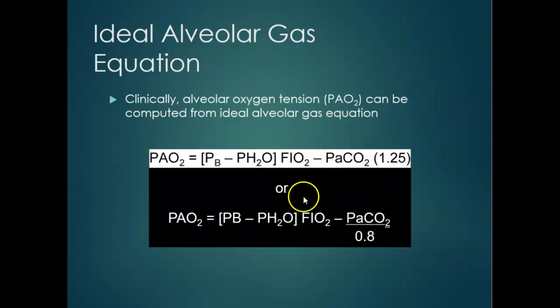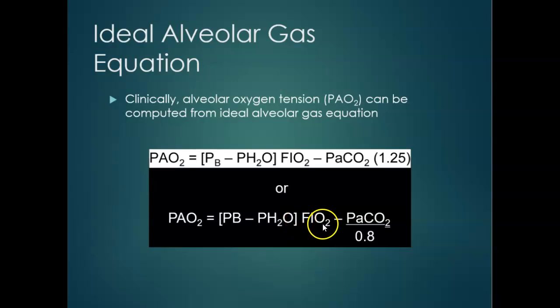All right. So when you're trying to calculate out the amount of oxygenation that got into our lungs, we're going to be taking the barometric pressure, because that should be the total pressure, minus the water vapor.